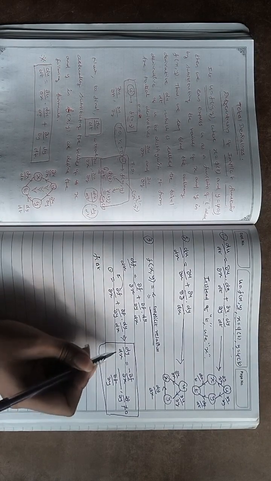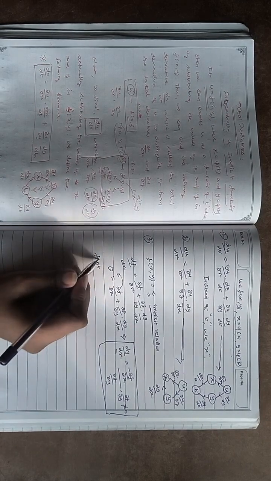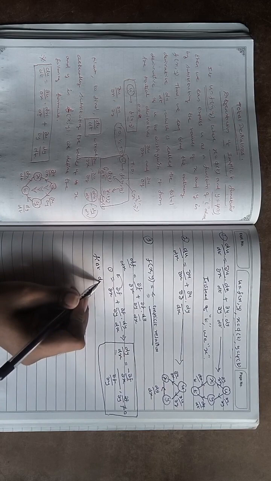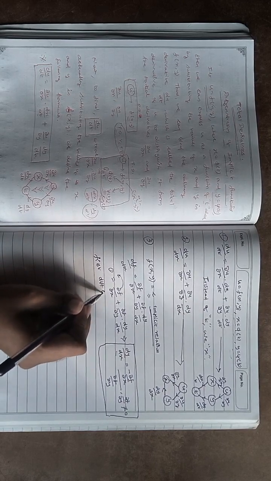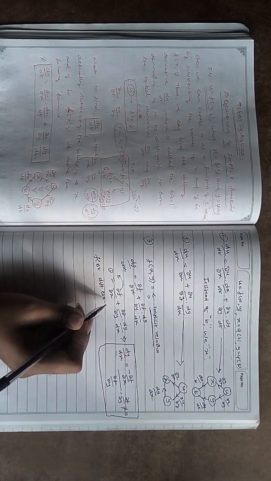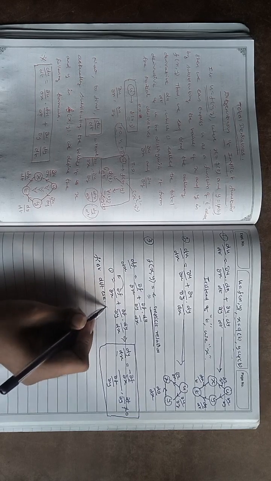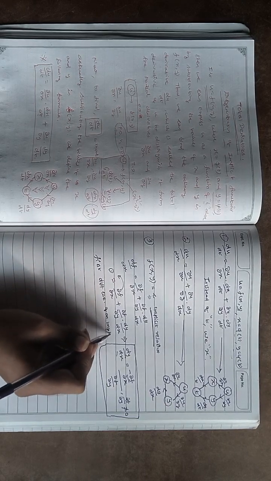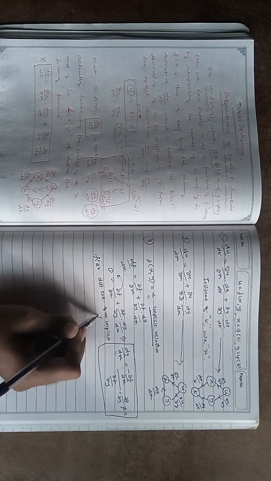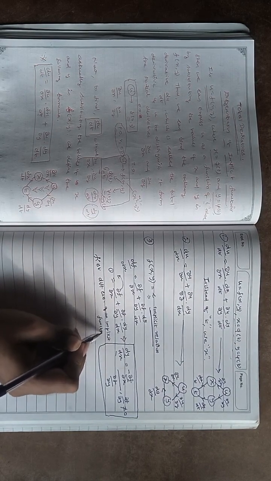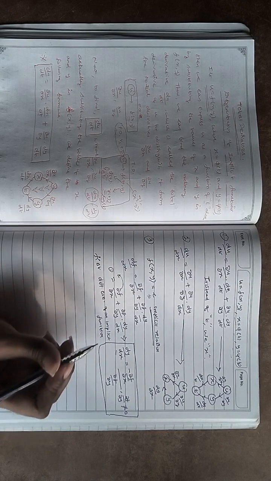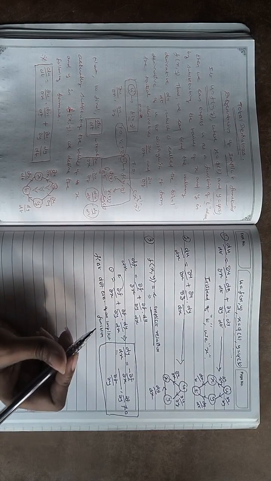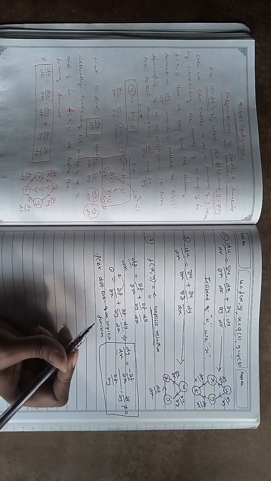This dy by dx is the first differential coefficient of an implicit function.